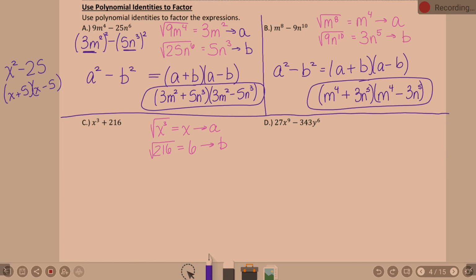So the idea here is that we are filling in the formula a cubed plus b cubed. And that will be a plus b times a squared minus ab plus b squared. I'm just copying down my formula from up above right now. So what I just wrote in purple, that's the formula copied from up above, yes?